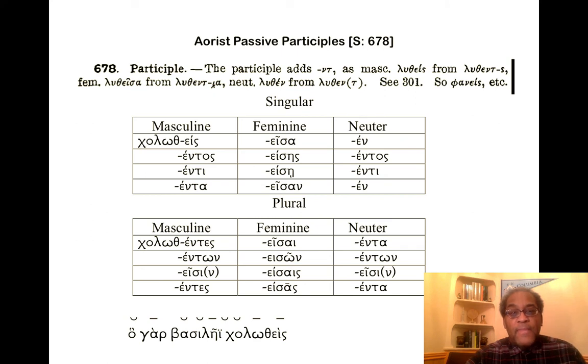But then in the masculine of the plural, you're dealing with the same endings that you had with pas, except you have the epsilon and the epsilon iota as opposed to the alpha. So kolothentes, kolothenton, kolotesi, kolothentes, and then the neuter kolotenta, kolotenton, kolotesi, kolotenta. So the participles are always problematic, and it's very important to just work on them.